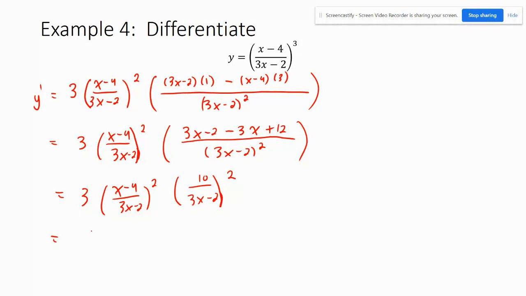Now, the way I would simplify this next is I have a (3x minus 2) squared here and a (3x minus 2) squared here, so I can multiply those together.